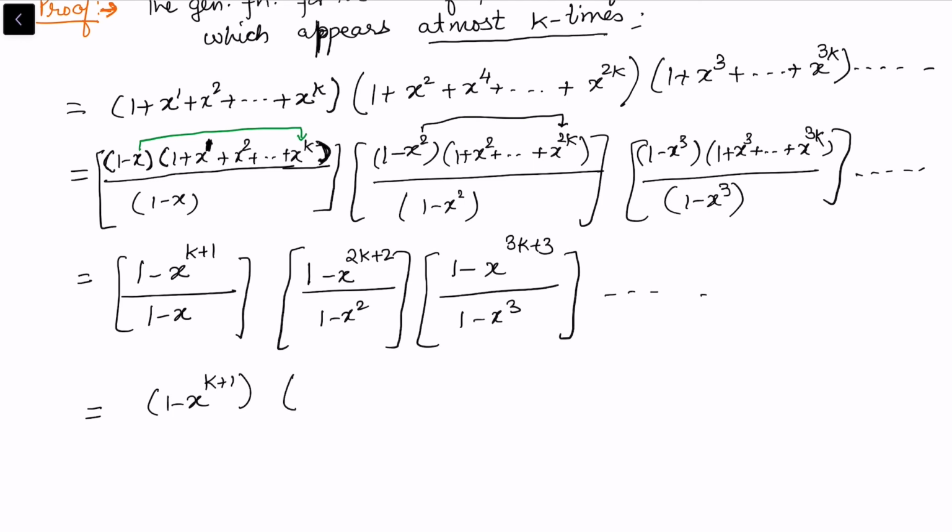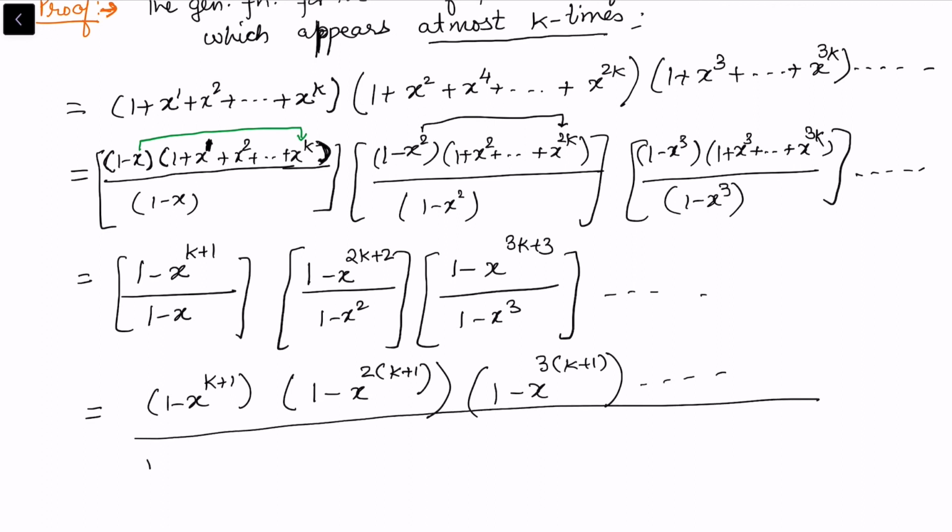So the first term is k plus 1, the next term is twice k plus 1, and the next term is 1 minus x to the power thrice k plus 1, and similarly the next terms will be like this. And in the denominator we have all terms, 1 minus x, 1 minus x square, 1 minus x cube, and we continue all the terms.